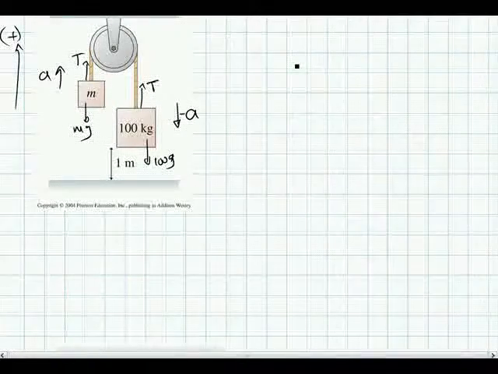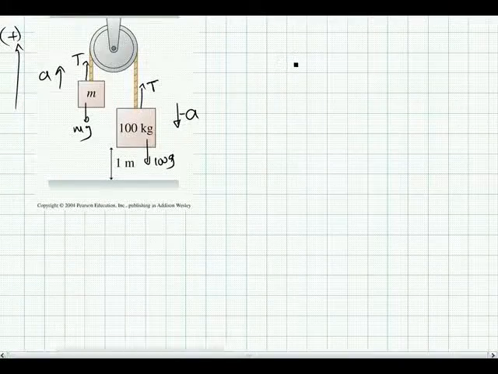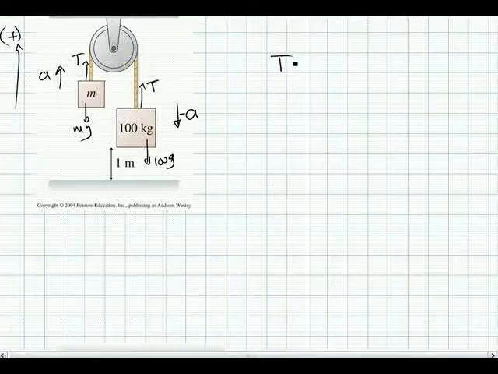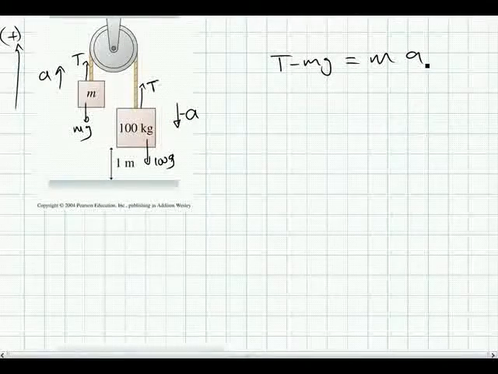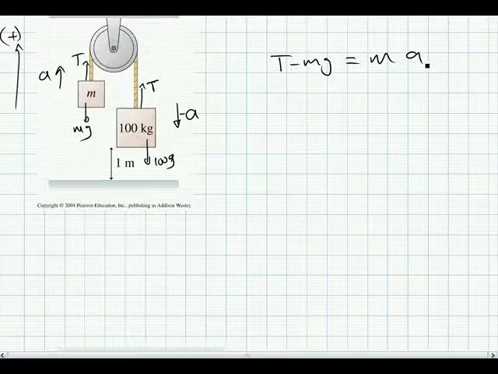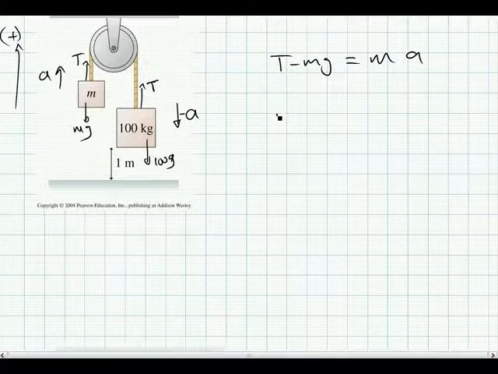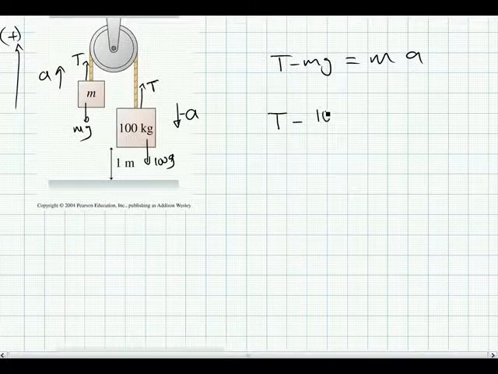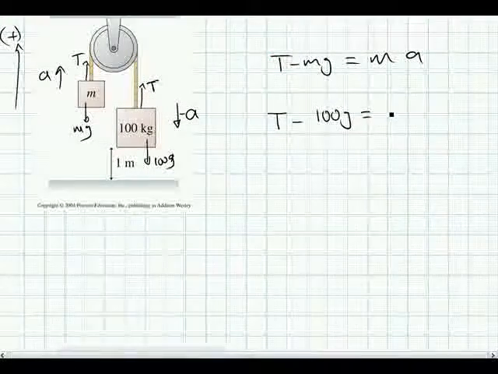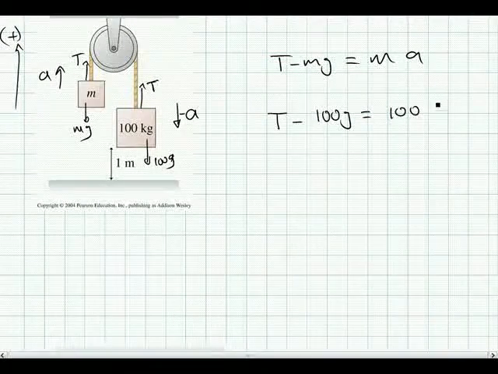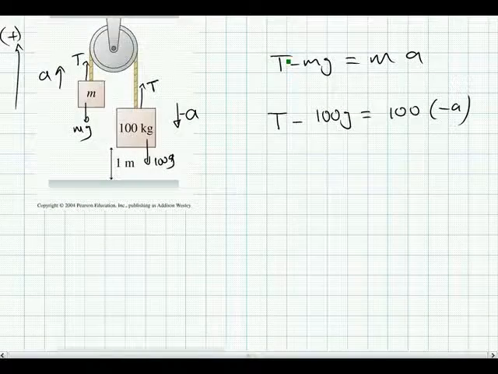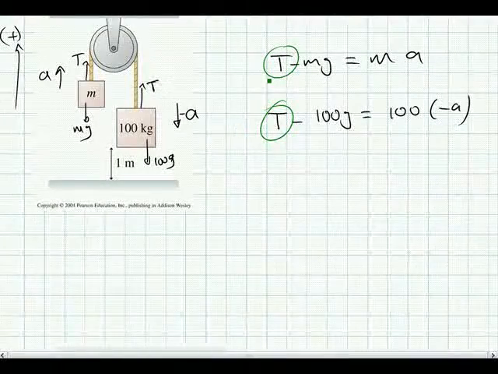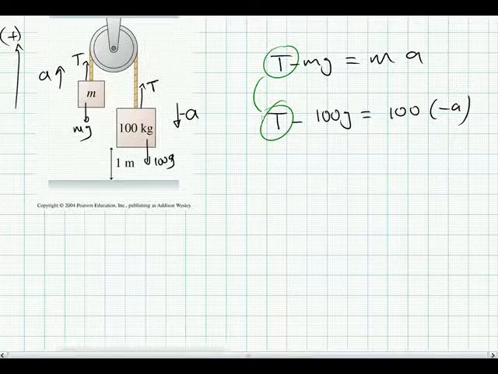Then the free body diagram for mass m would give us T minus mg is equal to ma, and from the free body diagram for the 100 kilogram mass we get T minus 100g is equal to 100 times minus a, and the connection you need to make is that the T's are the same.